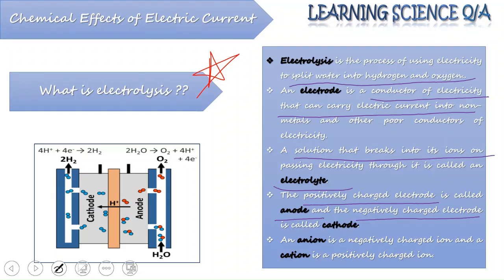At anode, we are having negatively charged ions going. Negatively charged ion is the oxygen. That means at anode, we will see the bubbles of oxygen gas. Also, at cathode, we'll see the bubbles of hydrogen. So, this is the exact process of breaking down of water into hydrogen and oxygen.